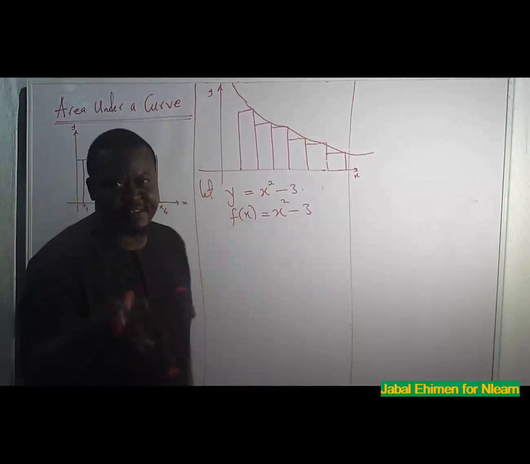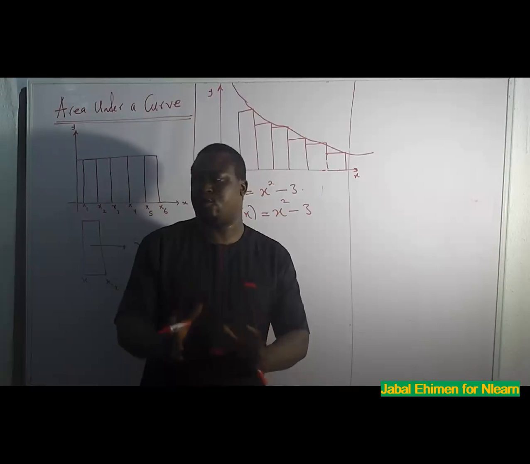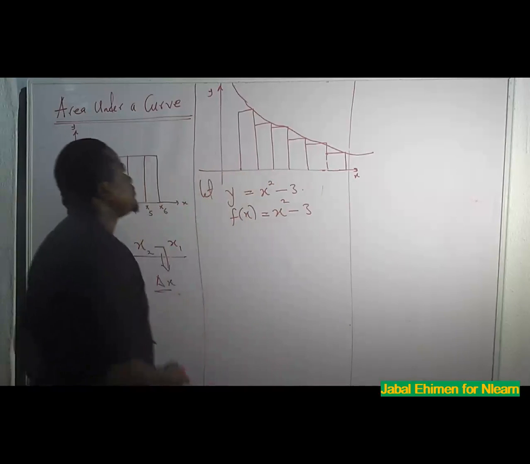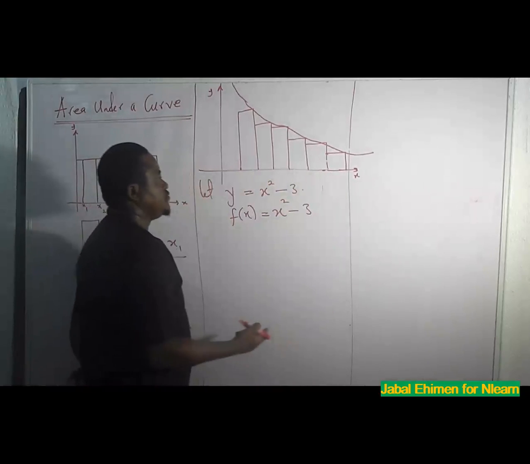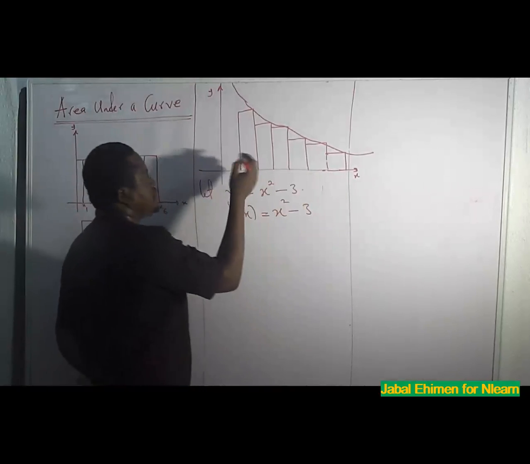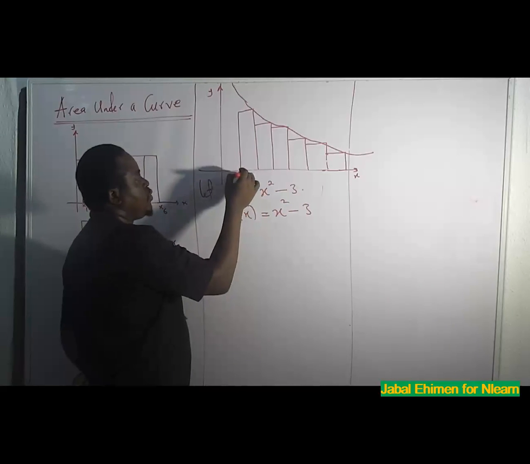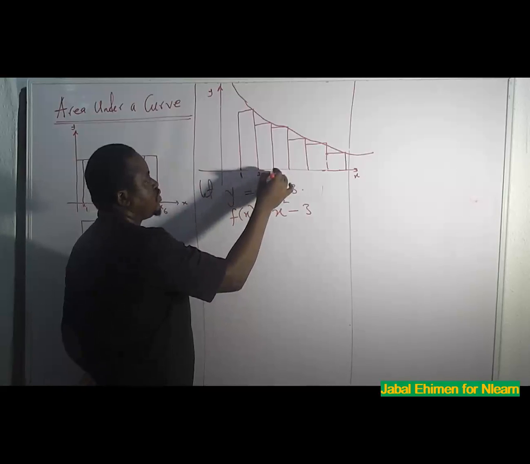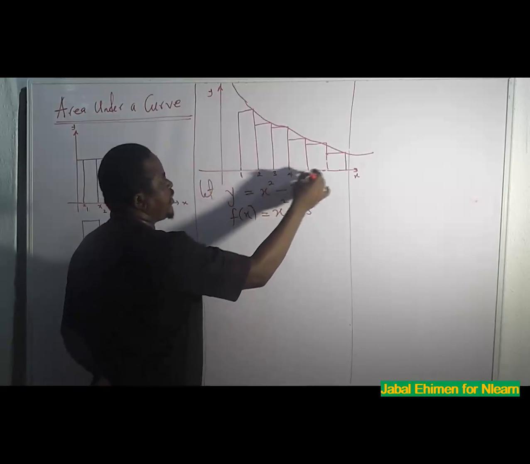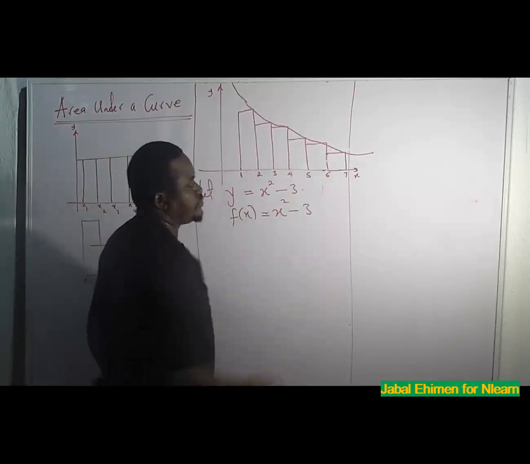Now, if that's the case, it's simple and easy for us to assume that these partitions are done in 1, in 2, in 3, in 4, in 5, in 6, and in 7.